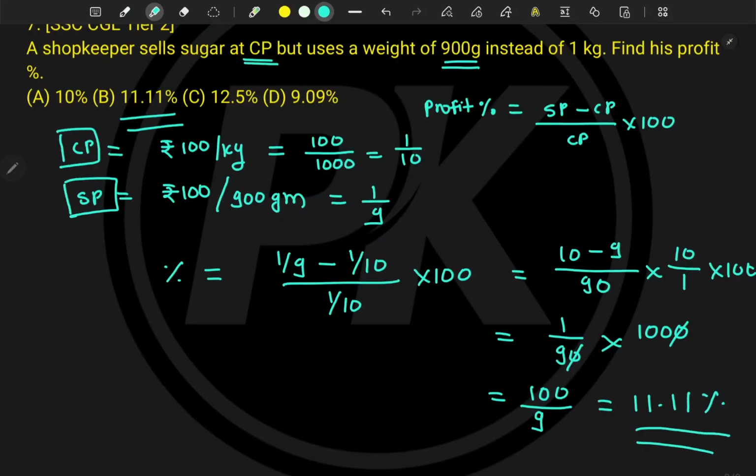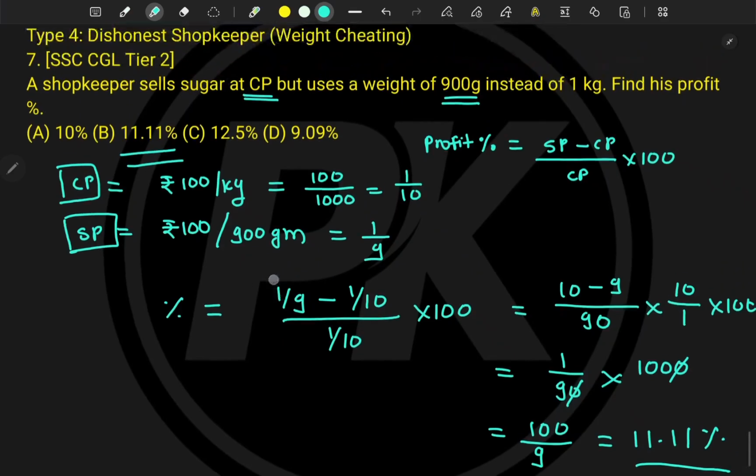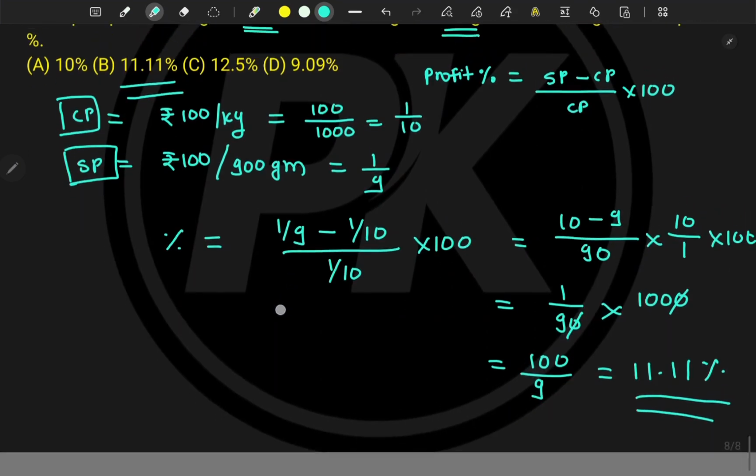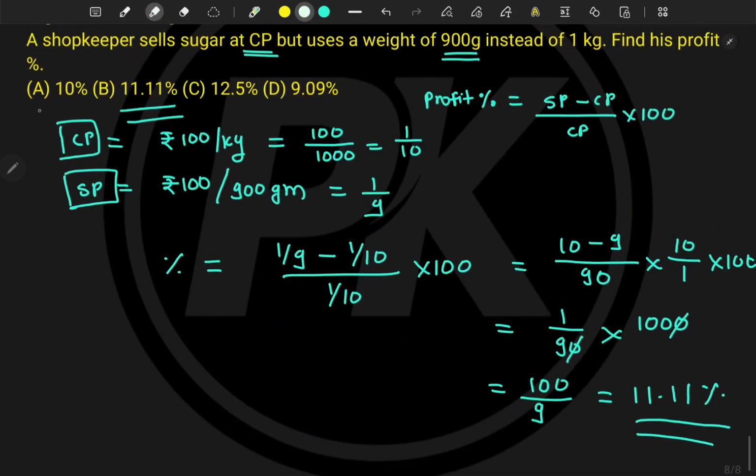What is the option? Option number B, right? It is not straightforward. Maybe I'll explain how students make a mistake and end up choosing option number A. What they generally do is say, okay, this is 1000 gram, but he is selling only 900 gram.